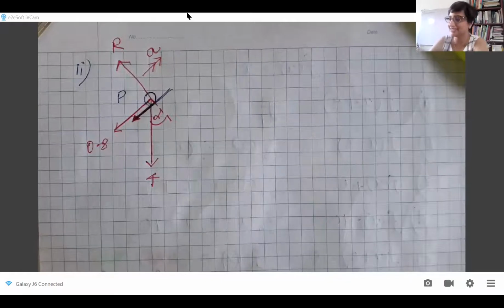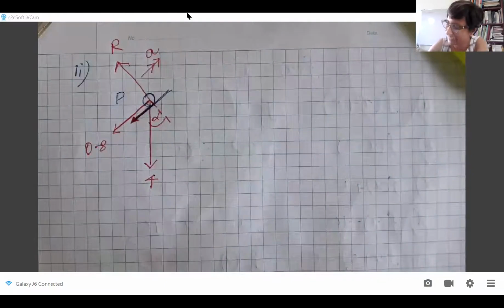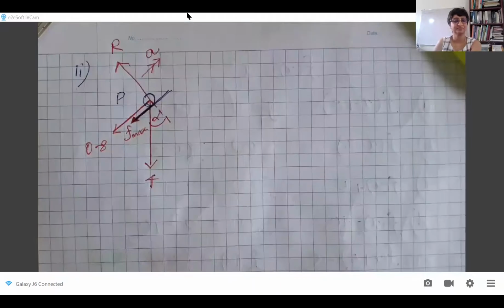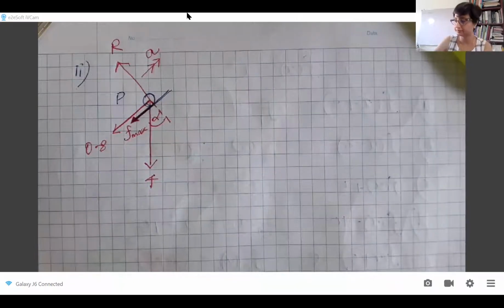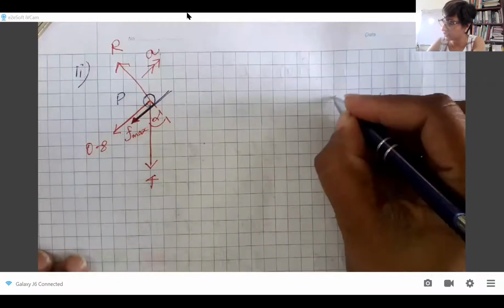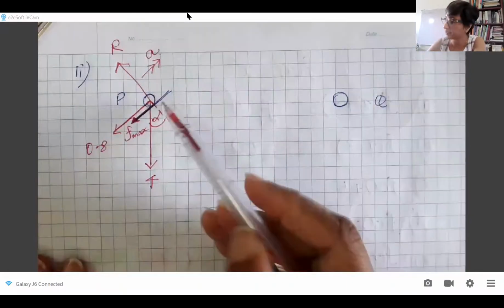It is F max, Nathan. It is F max if it's at equilibrium about to move, or if it's moving. When it's about to move, it's always at F max. About to move, F max, and moving, F max. Right? Okay. Then is that all, or are there any other forces? And here's Q. While I draw Q, tell me, are there going to be any other forces acting on P?